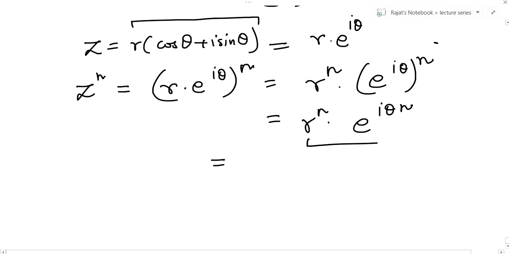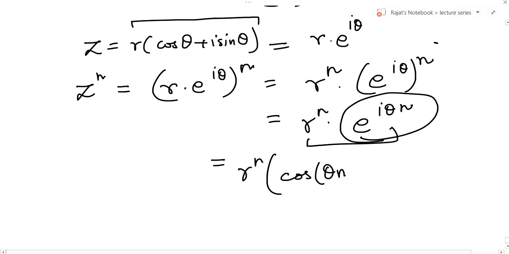Just think, this is a complex number whose magnitude is r to the power n, and e to the power i theta n is nothing but cos of theta n plus i times sin theta n. Wow, this complex number z to the power n is nothing but r to the power n, cos theta n plus i sin theta n.